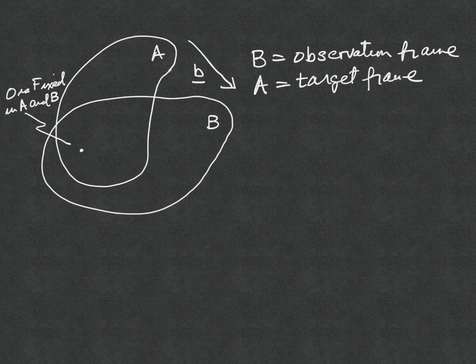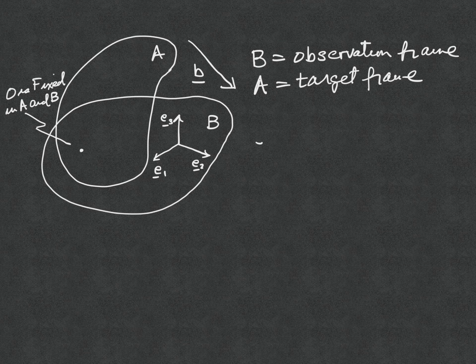So given that B is my observation frame, I'm going to attach a basis to frame B. Now this is important. This basis is fixed in frame B. It's not fixed in frame A. I'm going to call this basis E1, E2, and E3.